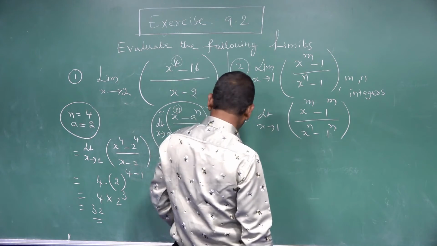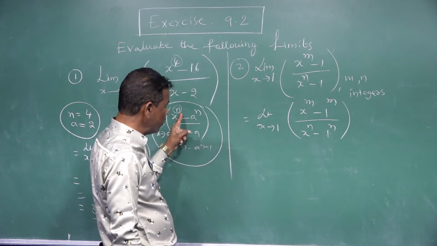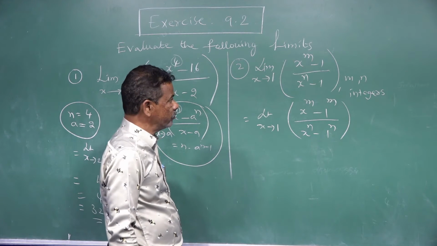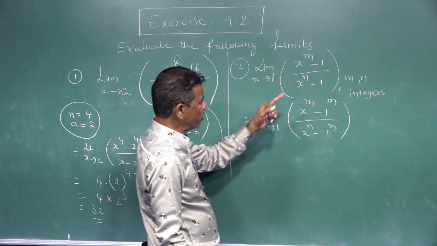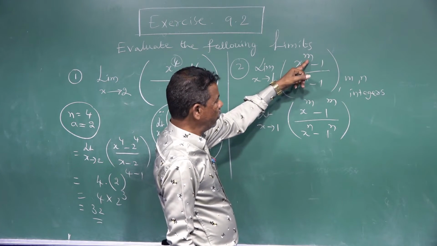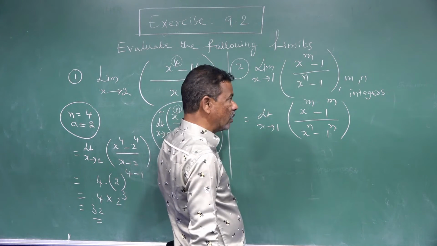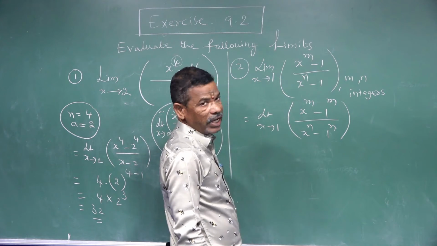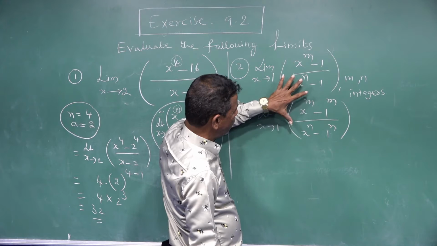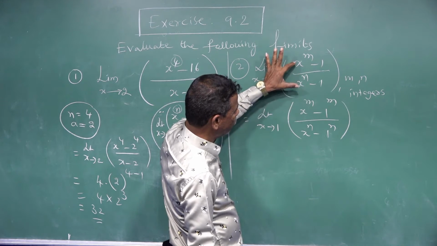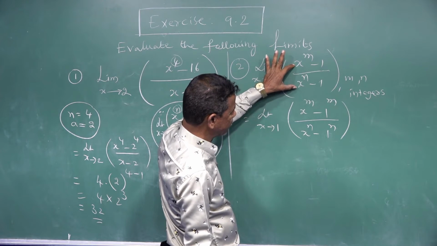So instead of n, m is there. Here instead of m, n is having, otherwise instead of n, m is also there. So this is the function in terms of x, here x, here x.